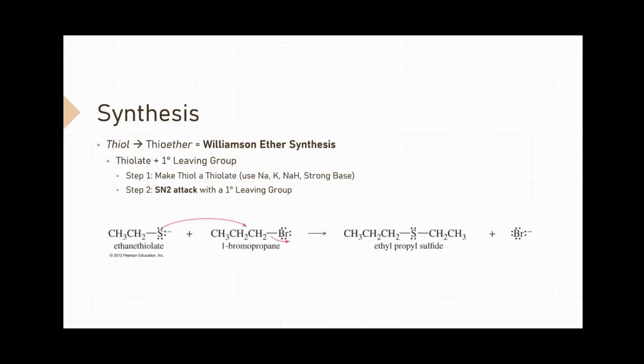This works pretty much the same way for thioethers, where one of the thiols is deprotonated, so you would get a thiolate with a negative charge, and then you would react it with another primary leaving group to make a sulfur ether.